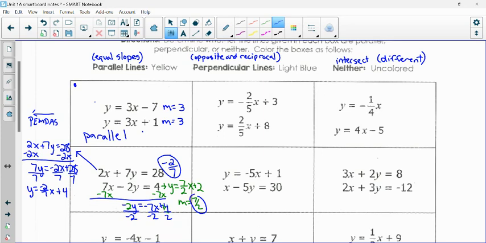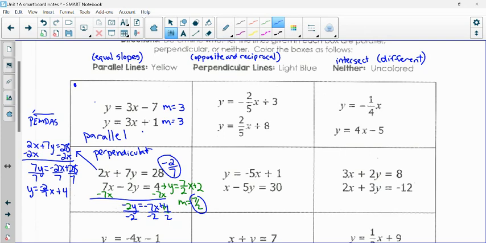Because notice they have opposite signs, and then they're also flipped. So our answer for this one would be perpendicular. And again, if they're just different, then you just say intersect or neither, okay?